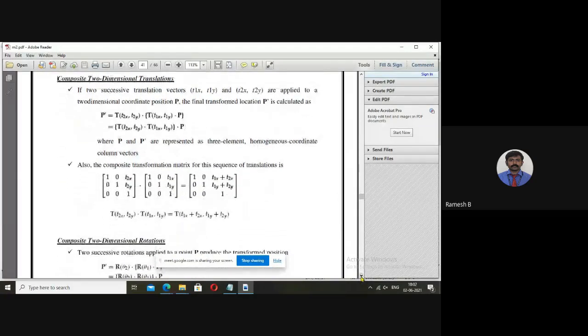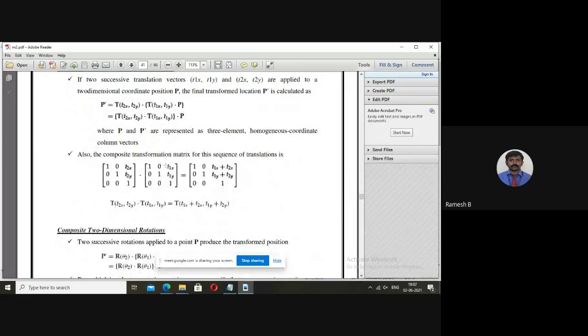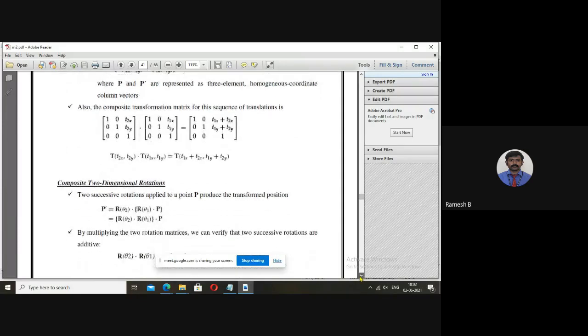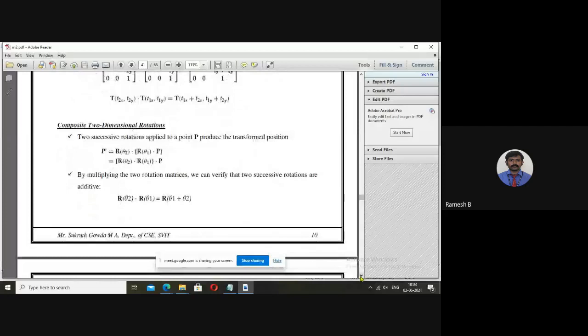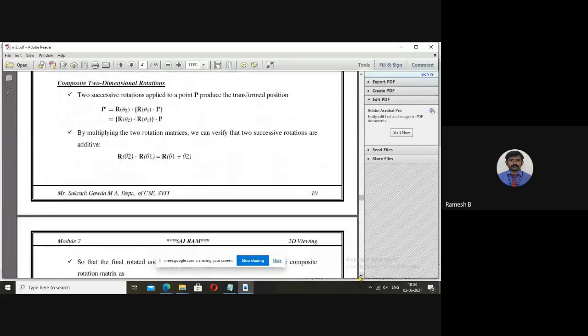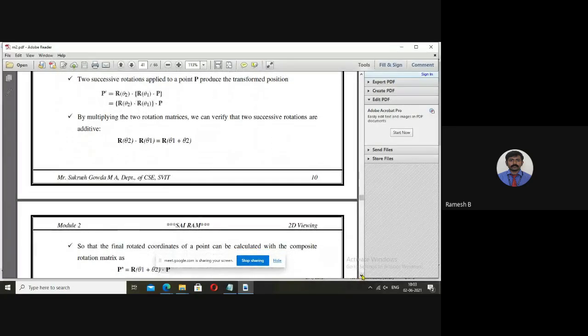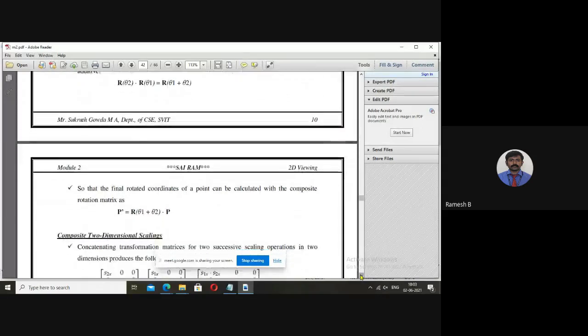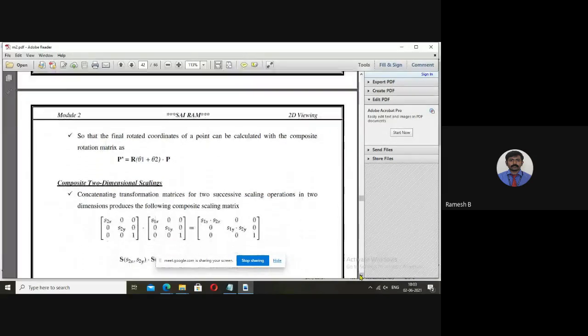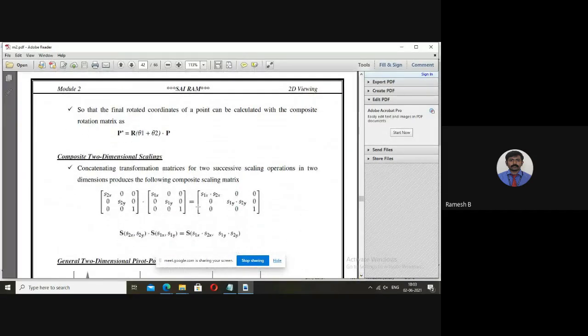In this example, he is doing two continuous translations, changing the position of an object two times. Here, two continuous rotations. Similarly, this matrix multiplication does two continuous scalings.